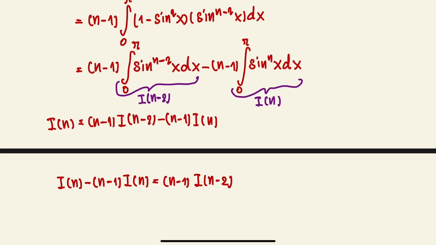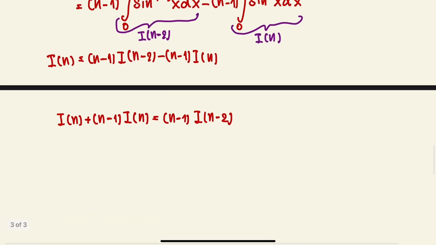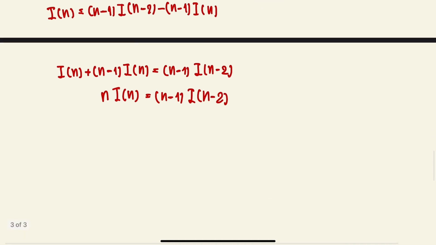So it's going to be n times I n equal to n minus 1 times I n minus 2.